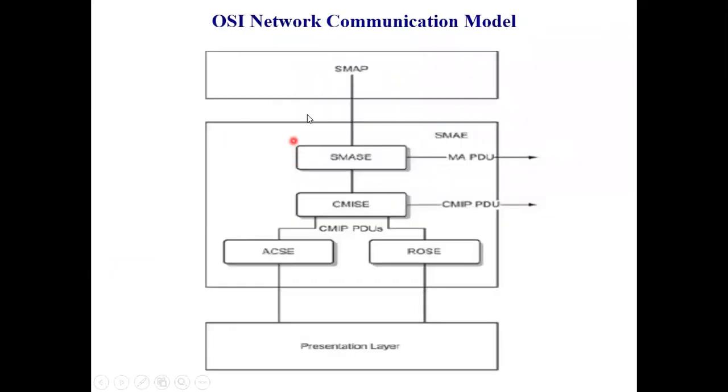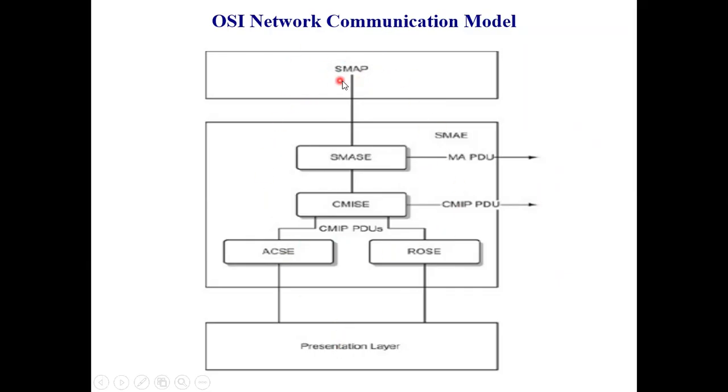So to explain the communication model, I need to know the exact function in which the protocol is present. If you see, CMIP, the Common Management Information Protocol, is present over here. Everything has a meaning. So please write down SMAP. There is no separate application layer here, so please don't write it; it is considered as an application. Before the data goes to the presentation layer, what happens over here?